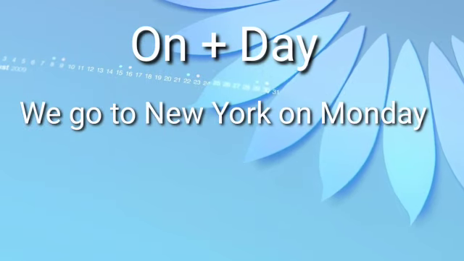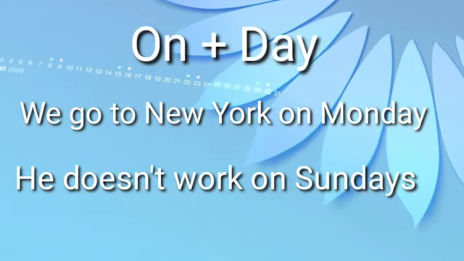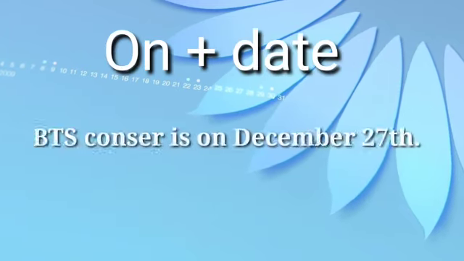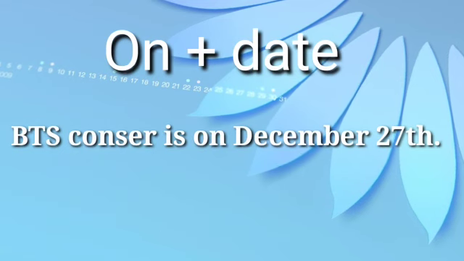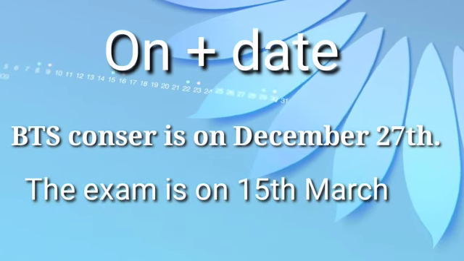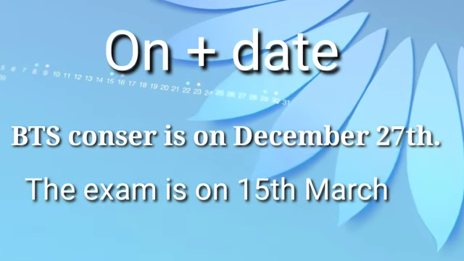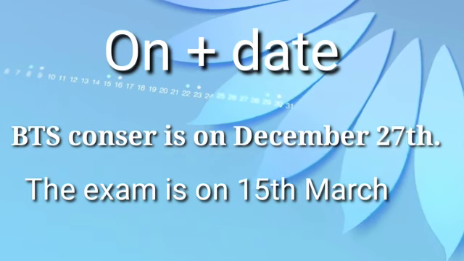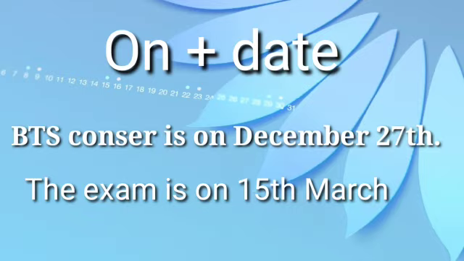On Tuesday. We go to New York on Monday. He doesn't work on Sundays. On plus date: BTS concert is on December 27th. The exam is on 15th March. Remember, for dates, use ordinal numbers.